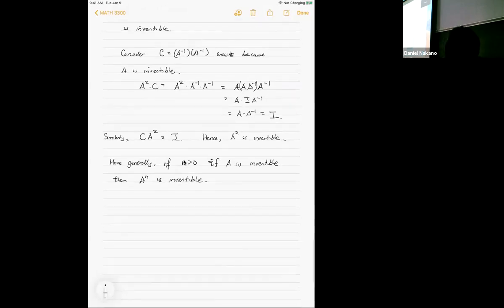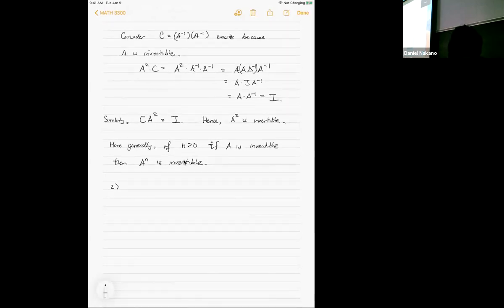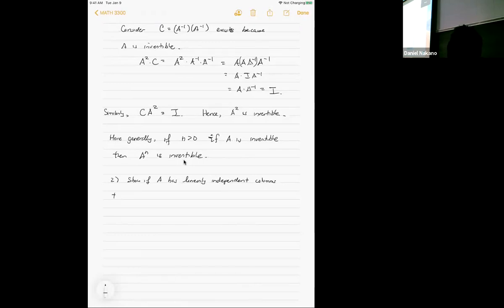Okay, part 2. All right. So show if A has linearly independent columns, then A has linearly independent rows.